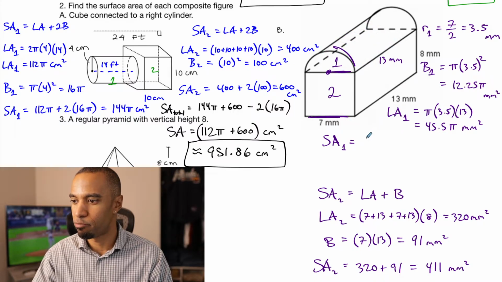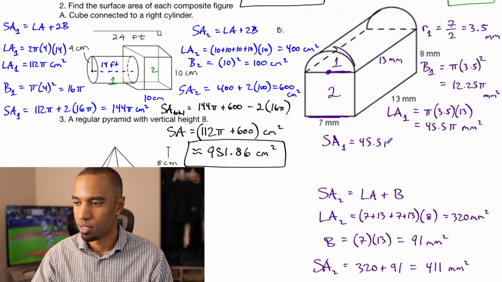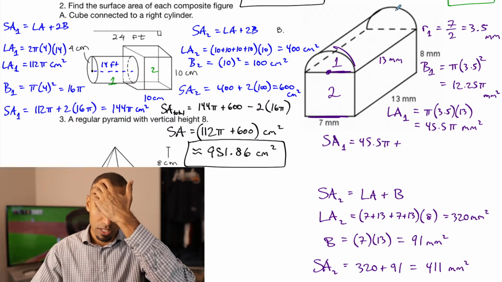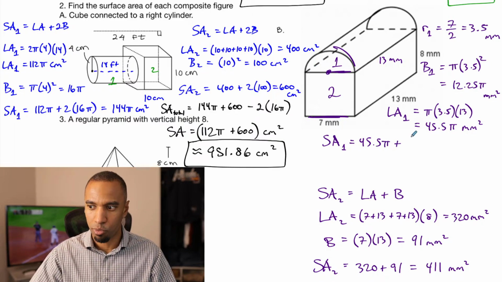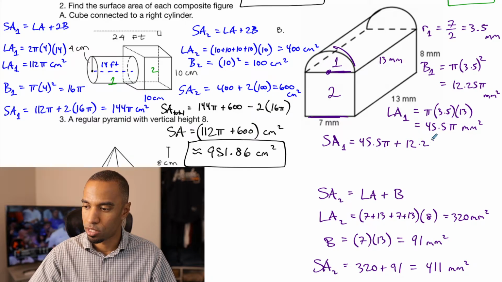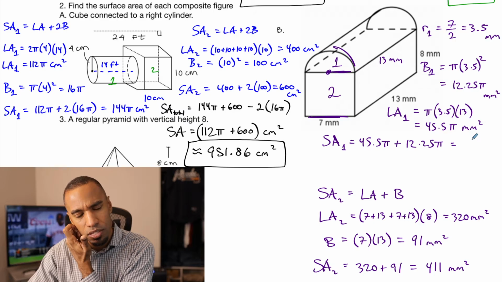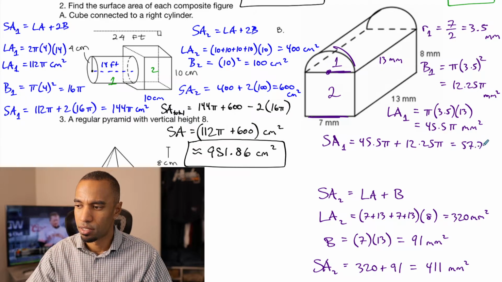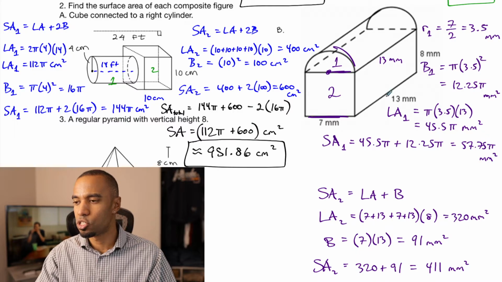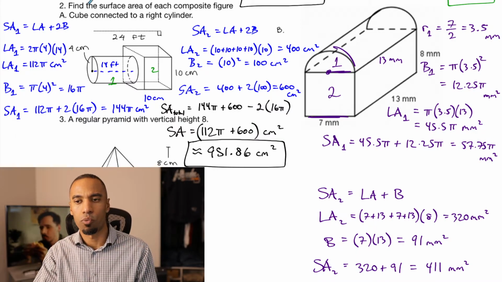That is my 45.5 pi plus the area of this half circle. Area of this half circle is going to be the 12.25 pi, which is exactly 57.75 pi square millimeters.